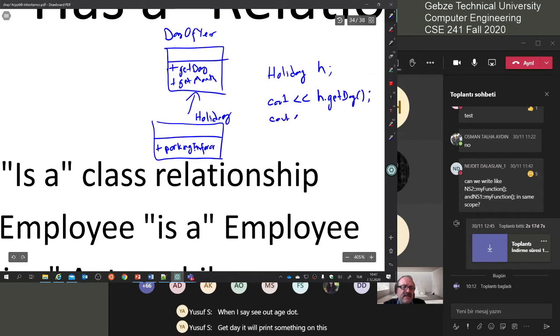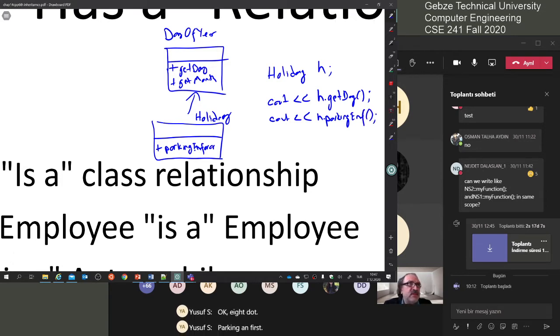When I say cout age dot parking enforced, it will print true or false on the screen, right? It seems like it works, right? It seems like it works because for each holiday there is a day field and there is a month field, and for each holiday there is a parking enforced thing, but the logic is wrong.